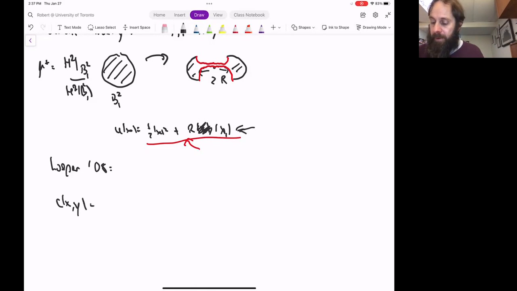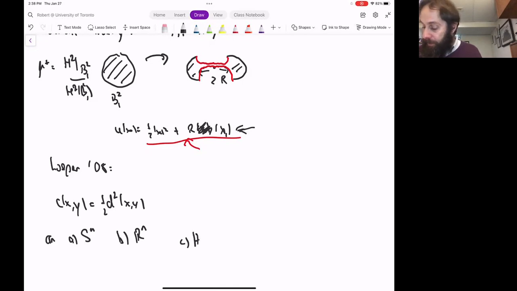So I'm now switching from benefits to costs. They're all going to be Riemannian distance squared on A, B, and C, and B is going to be Euclidean space, and A is going to be the round sphere, and C is going to be hyperbolic n-space. Or you can take n to be 2 if you want. S2, R2, and H2.